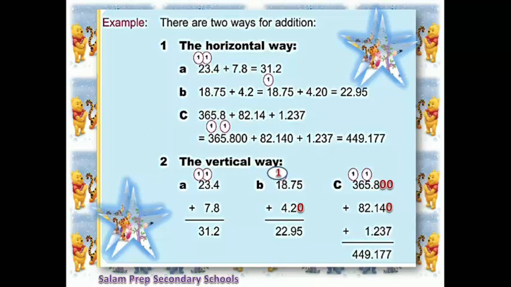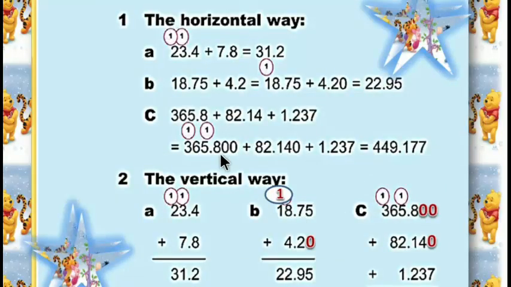Begin with thousandths in the decimal part. 0 plus 0 plus 7 equals 7. 0 plus 4 plus 3 equals 7. 8 plus 1 equals 9, plus 2 equals 11. Write 1 and carry up 1 to the next place. Please don't forget to write the decimal point.